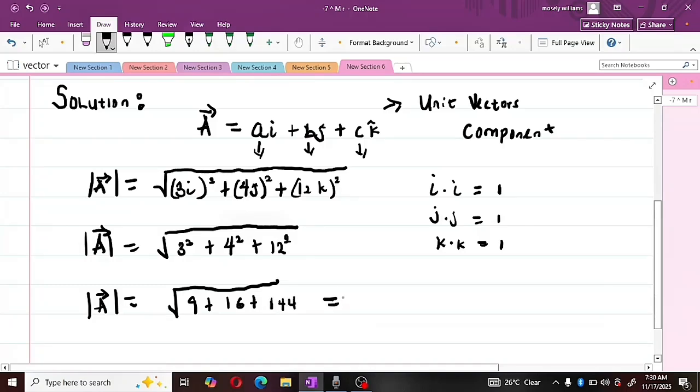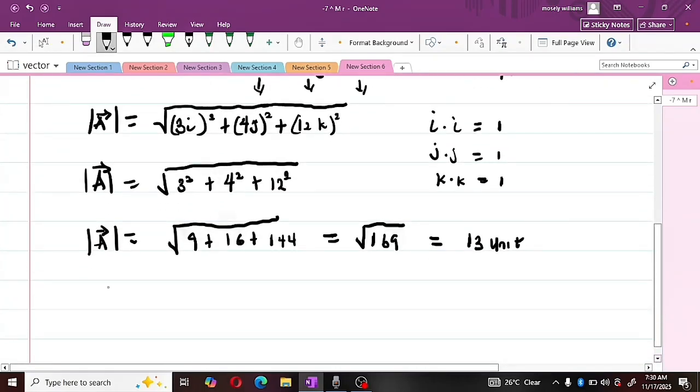All of this should be equal to the square root of 169, and this should be equal to 13. So this is 13 units, which implies that the magnitude of our vector A is equal to 13 units. It's as simple as that.